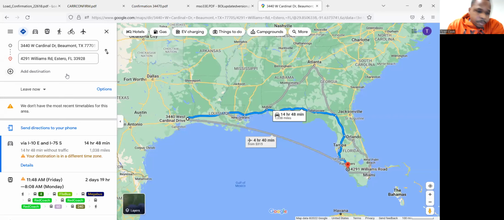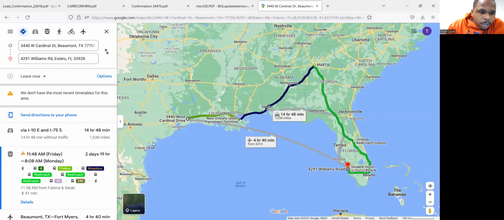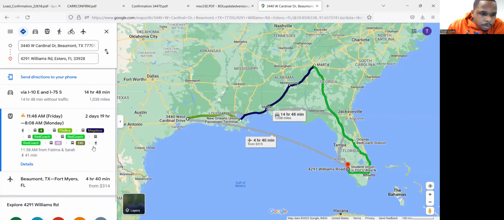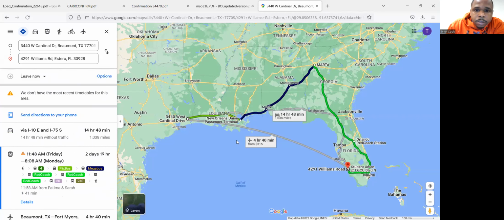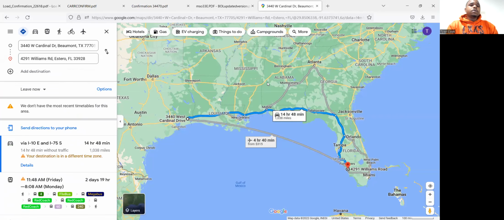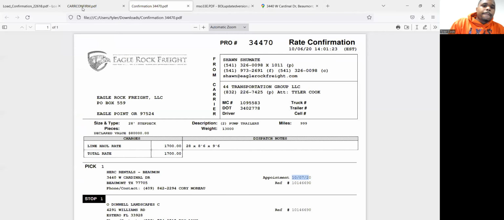All right, so like I said, in my Google Maps, unless we're going to Atlanta, we're looking at 1,038 miles. Why is that option there? That's crazy. But 1,038 is basically about 40 miles out.